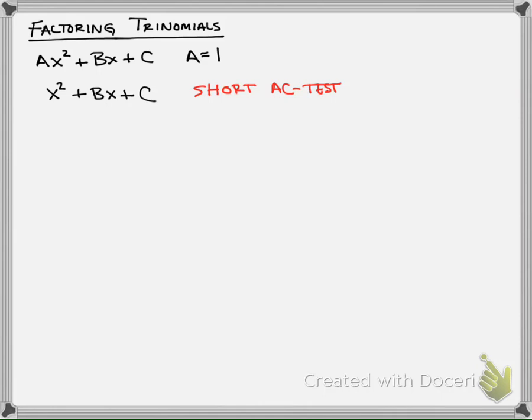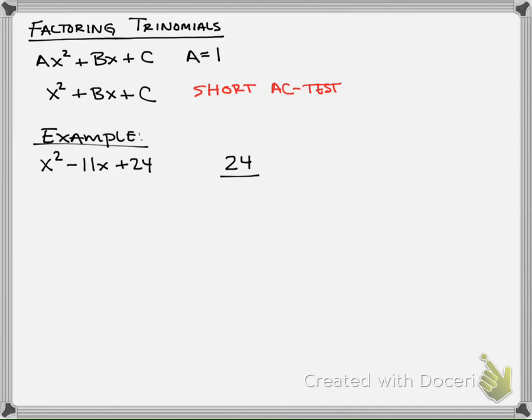So let's do an example. Our first example is x squared minus 11x plus 24. What we're going to do is multiply 1 times 24, and it'll give you on the side here the number 24.